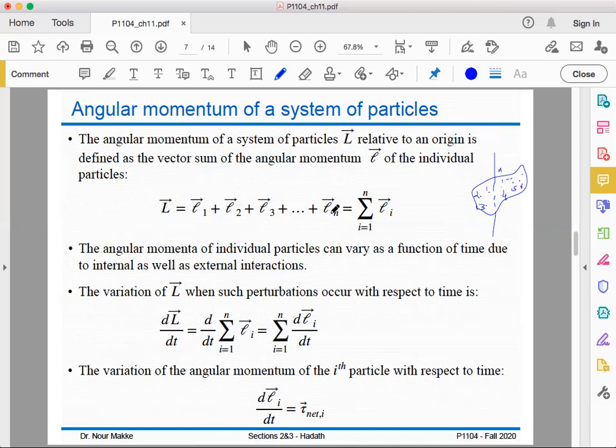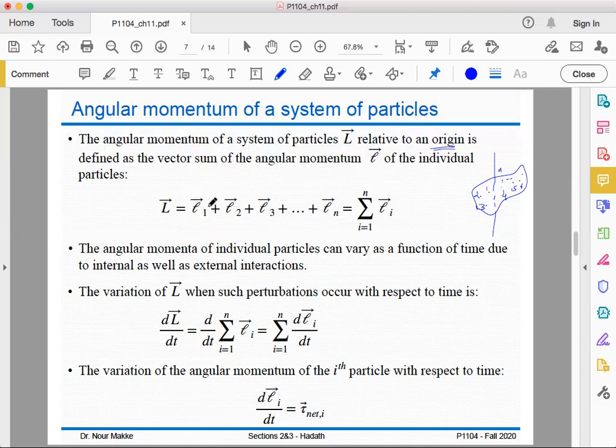And of course كل هيدول الانجلر momentum for individual particles, they are measured with respect to the same origin around which these particles are moving. And so this is nothing else than the summation of Li, i runs from 1 up to n, where n is the number of particles that constitute this object, this system of particles.